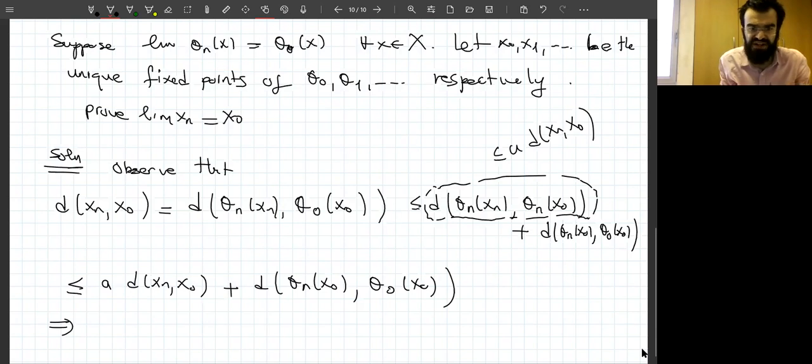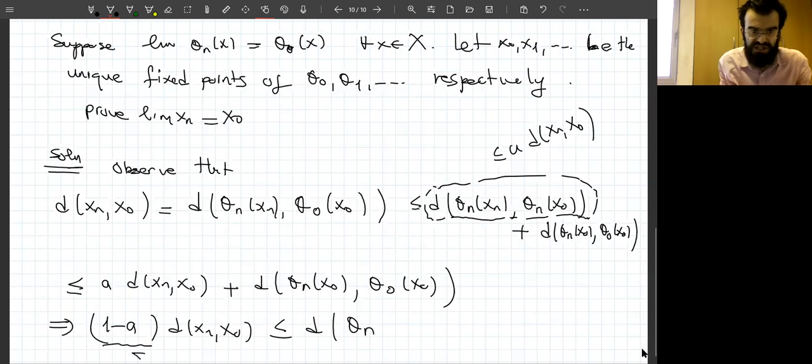If you arrange the terms, 1 minus a times distance xn to x0 is less than or equal to d of theta n x0, theta 0 x0. This 1 minus a is strictly a positive number.